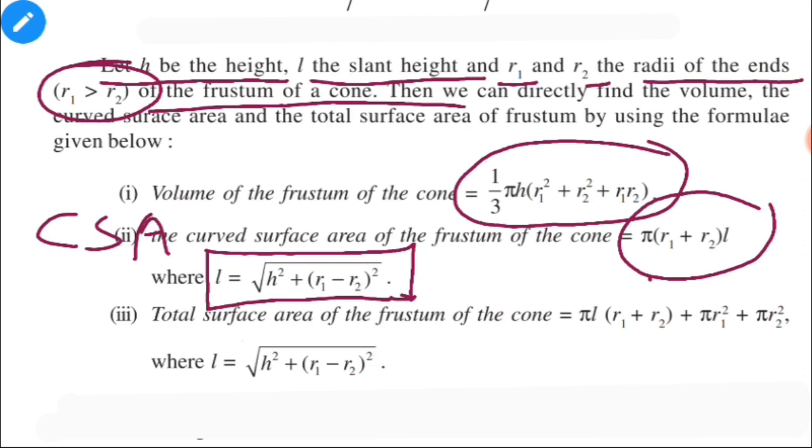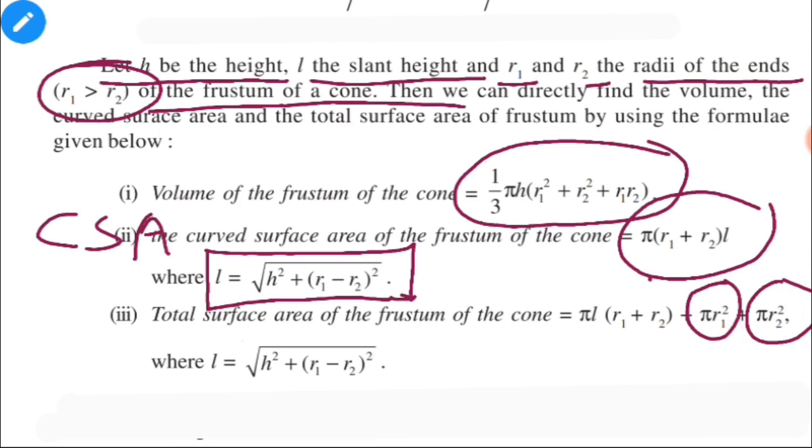And TSA. The frustum of a cone has three faces. CSA we already found, pi into (R1 plus R2) into L. Then the other two faces. Base is a circle with radius R1, so its area is pi R1 square. And top is also a circle with radius R2, so its area is pi R2 square.